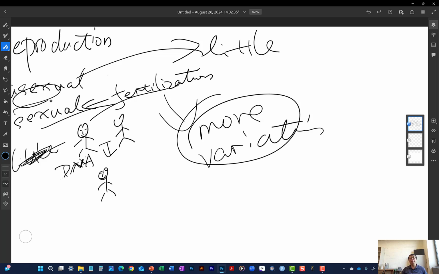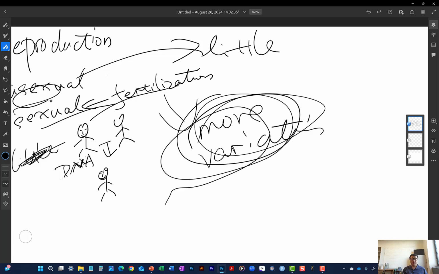So how can a species, a population make sure they can survive, thrive in this constantly changing world? By generating a lot more variations from generation to generation.